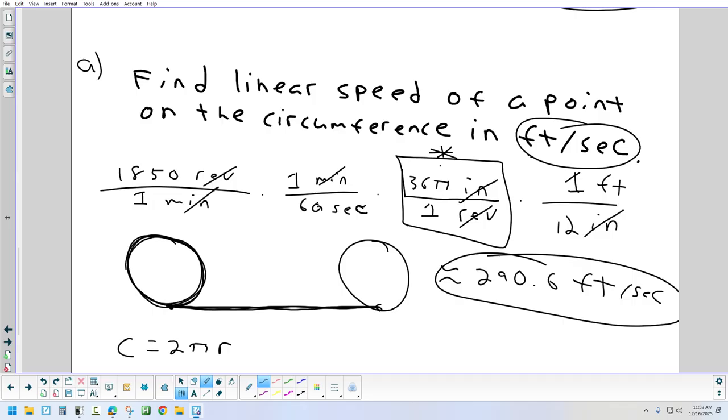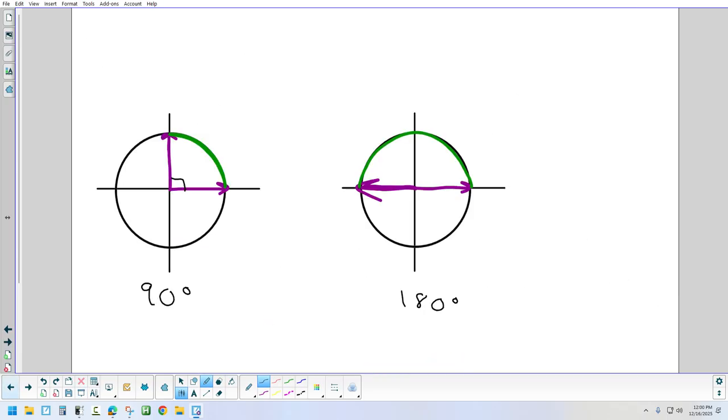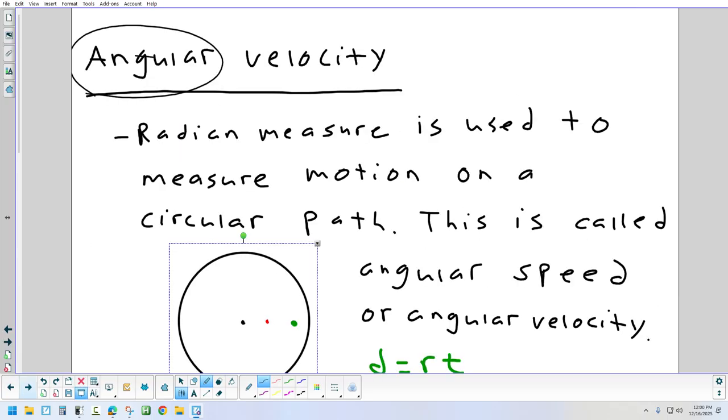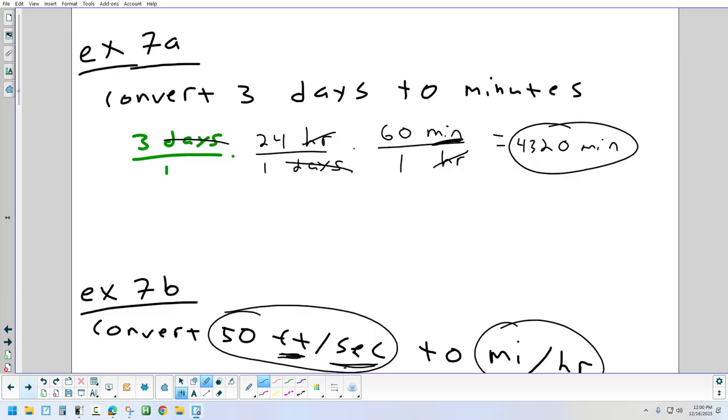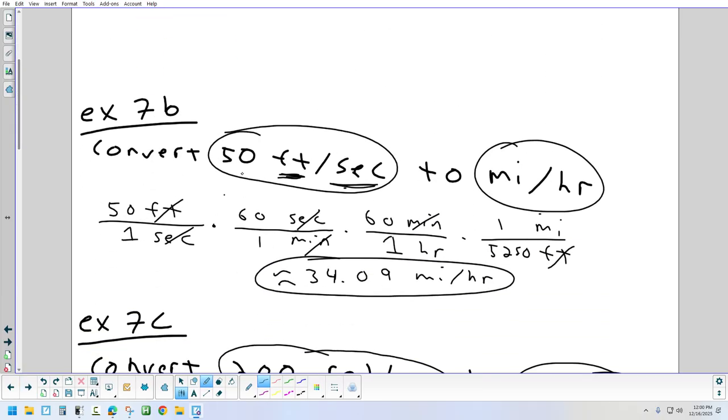Okay, we don't really think in feet per second. We think more in miles per hour. So 290 feet per second is almost 300 feet per second. When we did this problem, 50 feet per second was 34 miles per hour. 300 feet per second is how many times faster than 50?